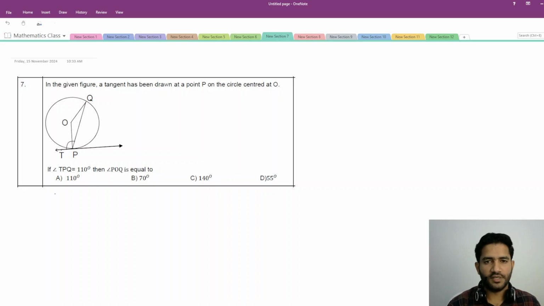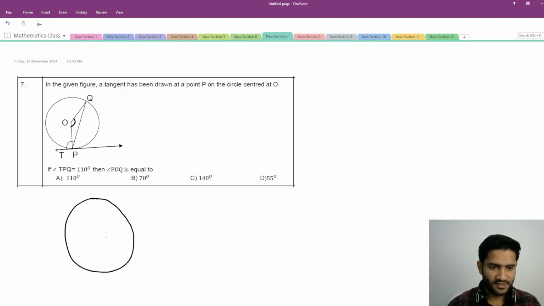Next question. In the figure, a tangent is drawn at a point. The figure itself is the question. Find the value of POQ. We want to find the central angle POQ. If there is a circle and a tangent, we know that the radius is perpendicular to the tangent at the point of contact, so this will be 90 degree.